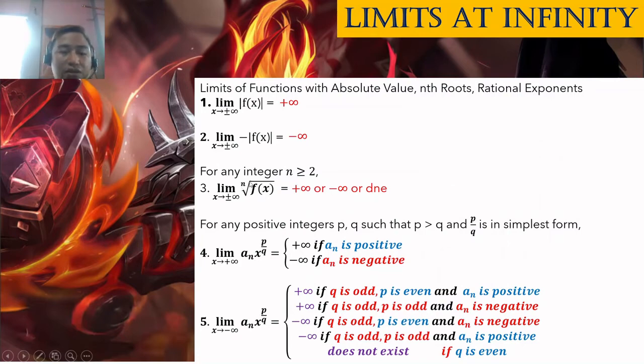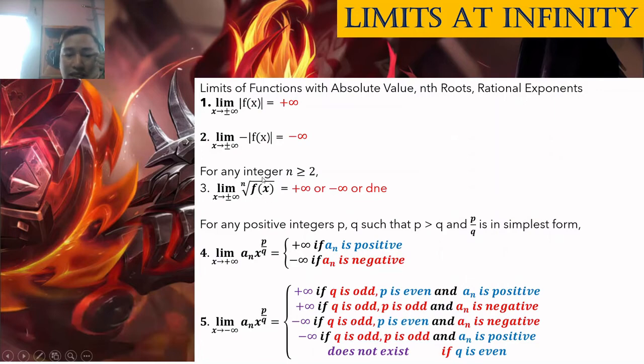Now next, for any integer n greater than or equal to 2: if 2, square root; if 3, cube root. For the function f of x, the answers, class, are only three: positive infinity, negative infinity, or does not exist. It depends, class, because if n is even, the value of f of x must always be positive. It cannot be negative, because then it does not exist. The important thing is the sign of our f of x.